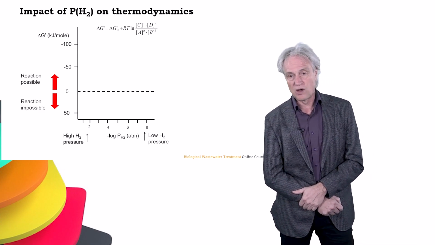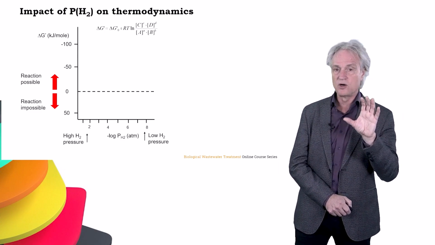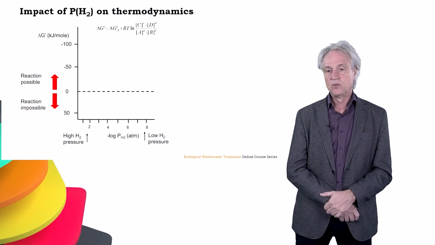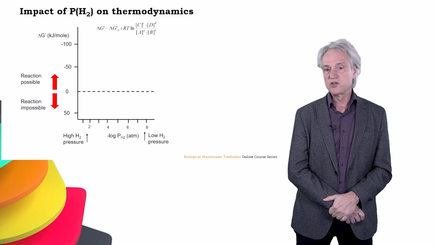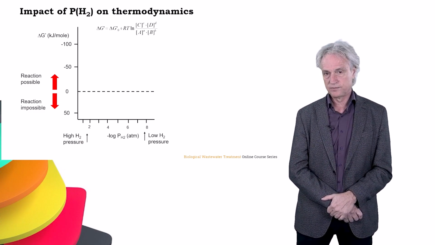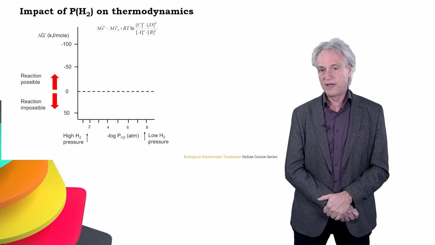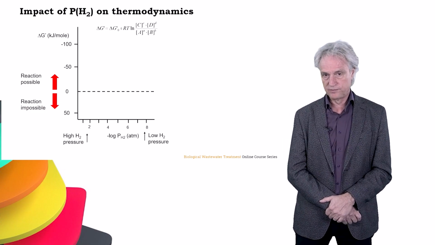If we bring this to a graph, and this looks like a very complex graph, I will explain it. First, on the x-axis, we see the hydrogen partial pressure in the biogas. It is given as a minus log pH2, partial pressure value.